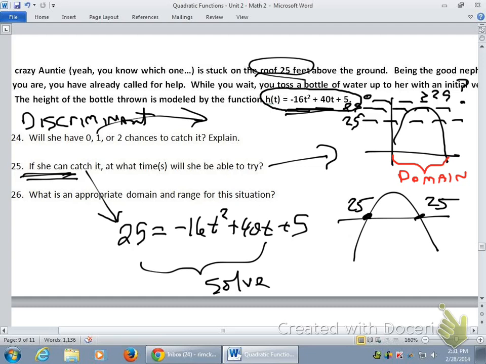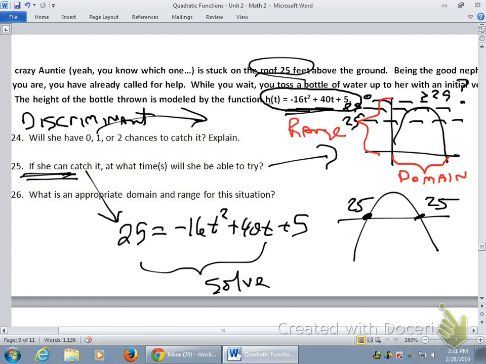Same thing on the range. The range is going to be whatever numbers this makes sense with. Okay? It doesn't make sense for me to talk about being way up here at 1,000 because she's not going to throw it 1,000 feet in the air. So basically from her maximum height down to 0, it doesn't make sense to talk about less than 0 because it's not like that water bottle is going to go underground.